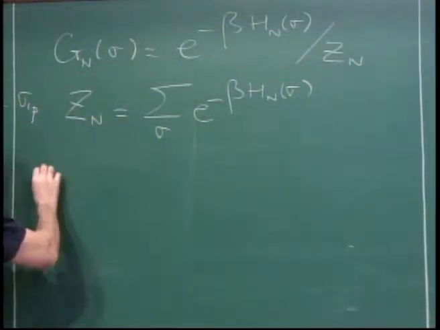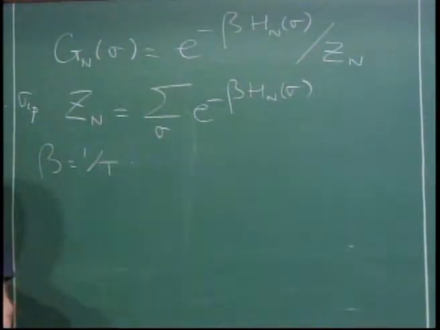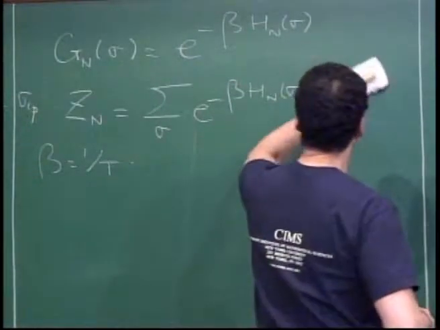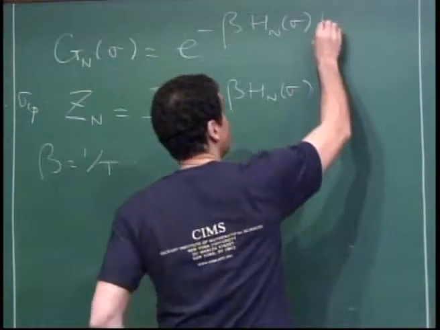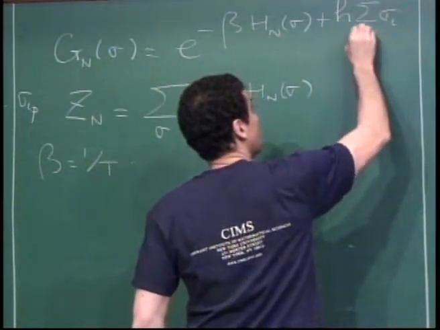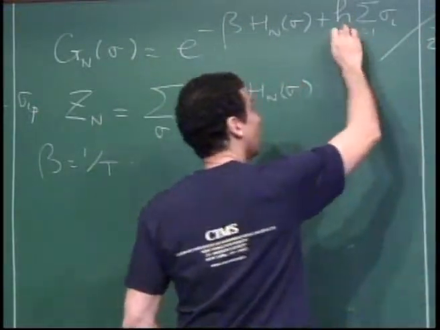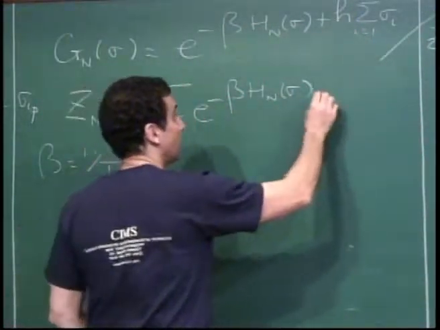And beta here is the inverse temperature. We will also look at the case where you have possibly an external magnetic field, where h is a real number, and so this would be that.